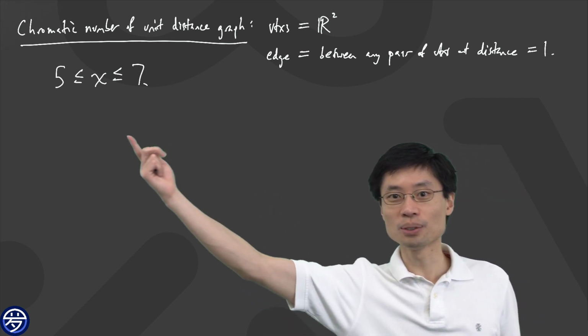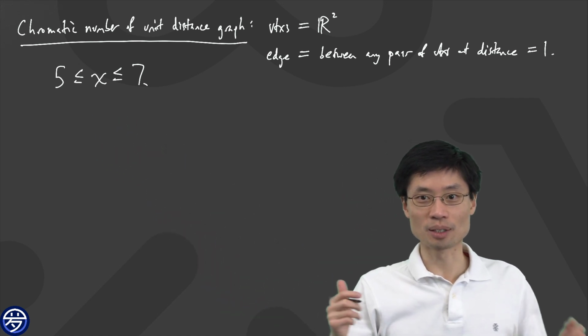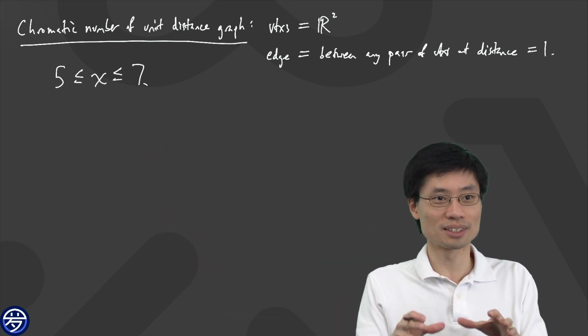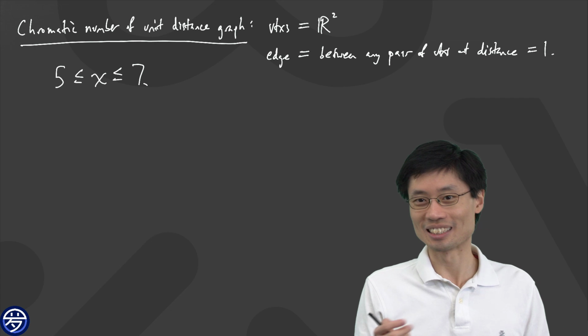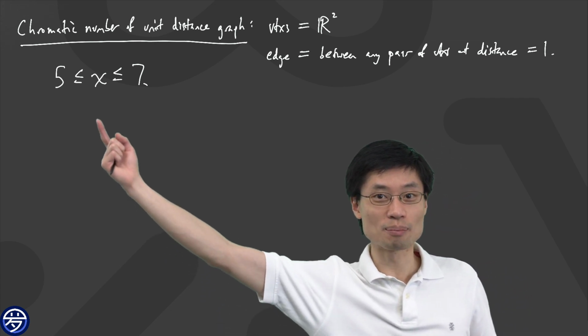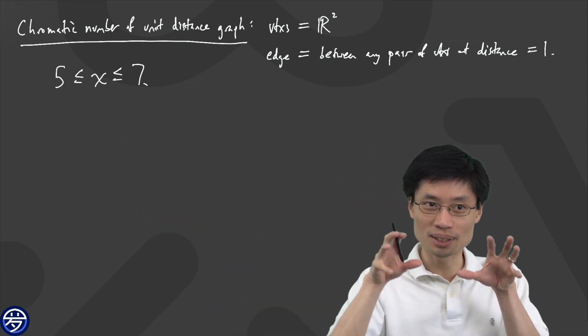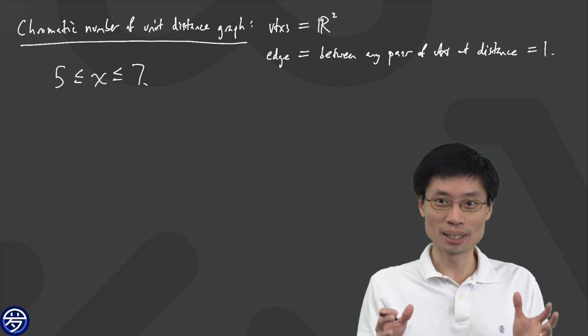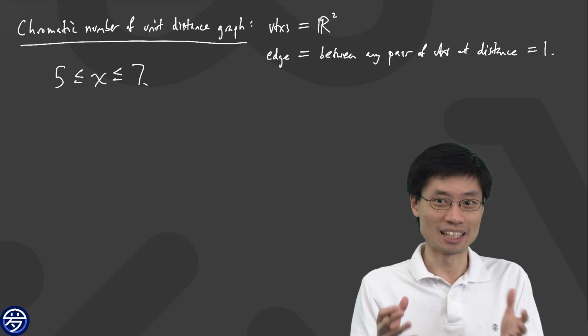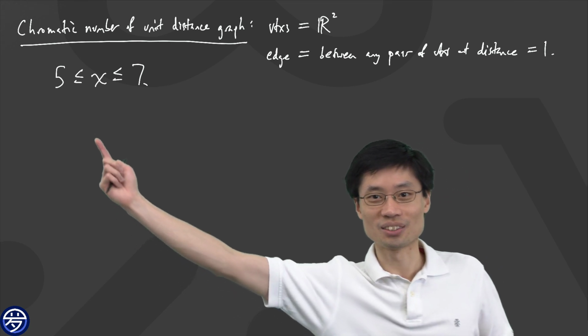If you want to prove the lower bound, you just have to find a particular subgraph. It sounds easier, but it's actually very hard to do. If you can find a particular finite set of points in the plane which requires at least 5 colors to color, then you're here.